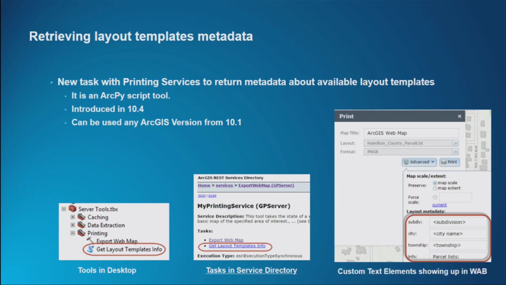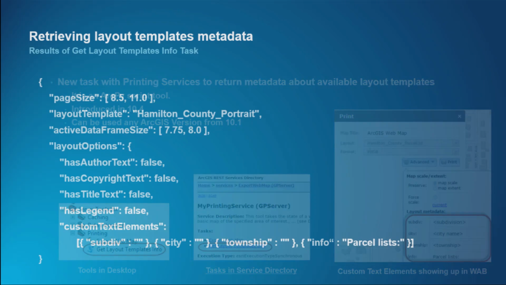So whether or not you have particular named text elements and things in your layout template that you want to pass as part of the print operation, you can use the Get Layout Template Info tool to retrieve that information from the templates that are provided.